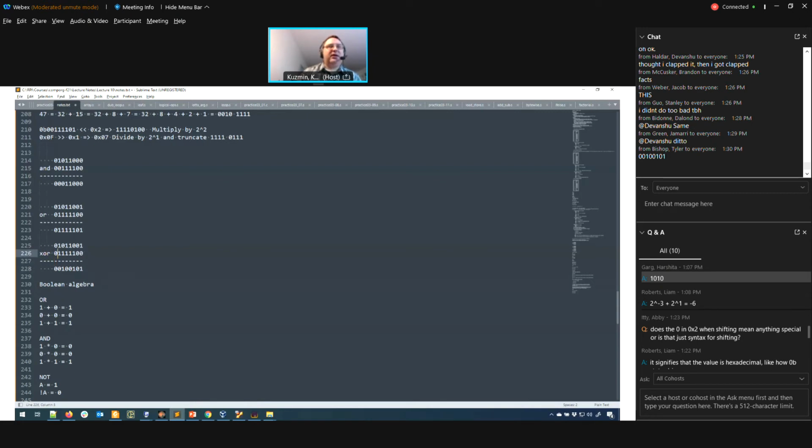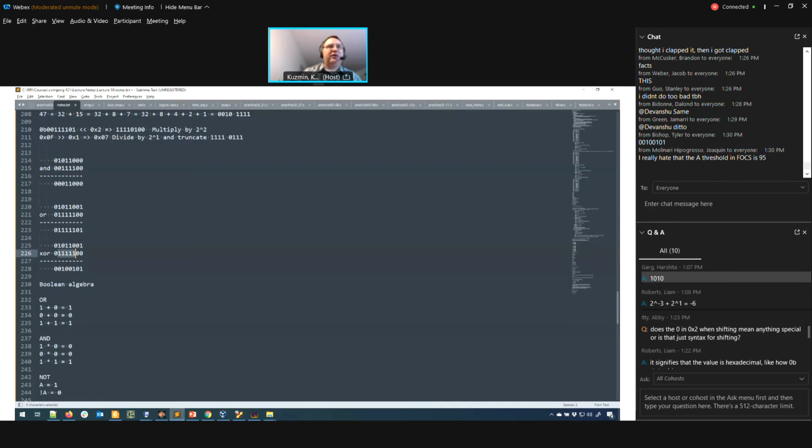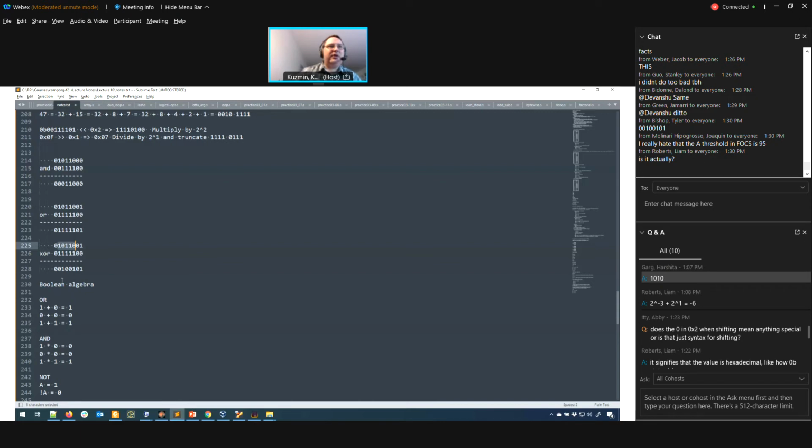Those bits that are ones in the XOR mask cause the bits of the number to which we apply the mask to be inverted. So if you look at what I currently have highlighted, and then you look at the bits here, they are exactly the inverse of each other. So XORing with a mask causes the inversion of the bits for which the mask is 1.